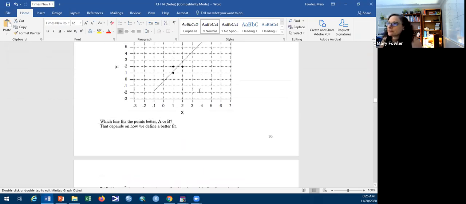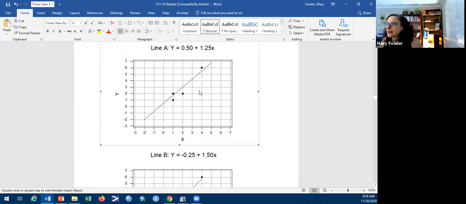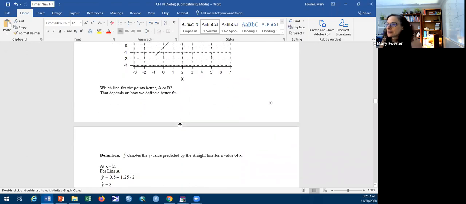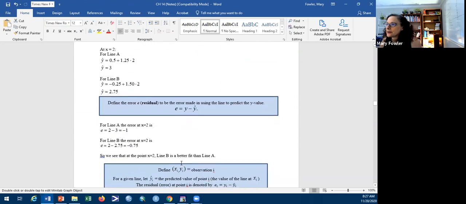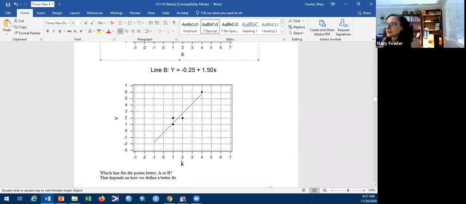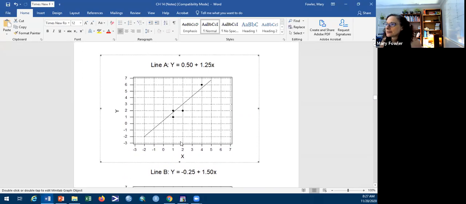Let's look at it over here. So for line A, when x equals 2, I go straight up and it predicts y equals 3. Sorry, that was line B at x equals 2. Y hat is 3 for line A at x equals 2.